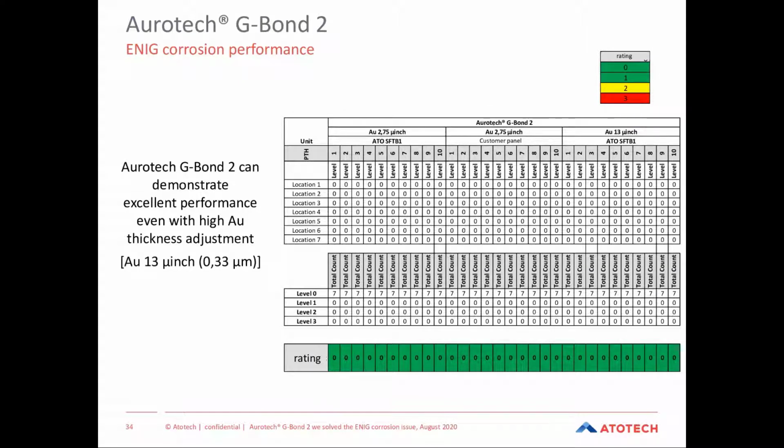And again, what we see here, if we go down, is a rating of 0 for all the conditions. We have a level of 0 for all the conditions for all the PTHs which were checked on these different PCBs.